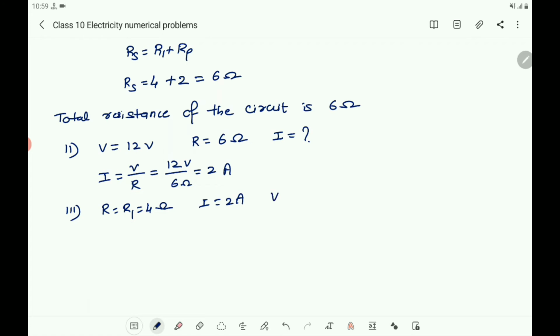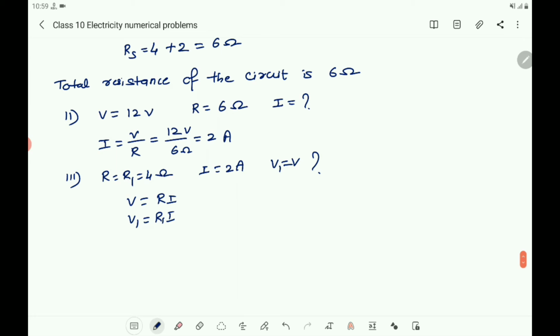And what we have to find out? V, that is V1. The potential difference across R1 can be denoted as V1. So you write the relation V equals IR, and that is nothing but V1 equals R1 into I. So V1 equals R1, which is 4, into 2, that equals 8 volts.